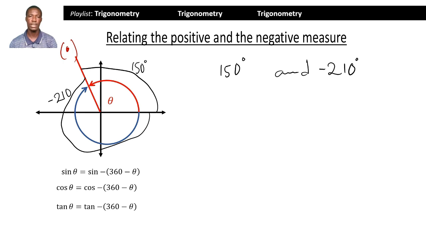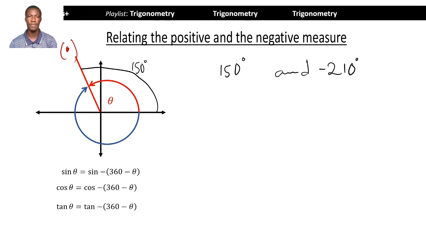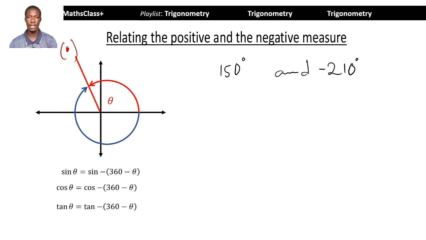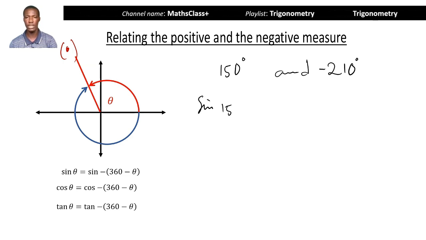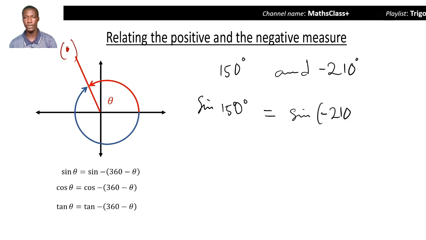You get it? Okay, so let's check if they are going to give us the same values. We are going to check with sine. So sine 150 degrees, is it the same as sine of negative 210 degrees?